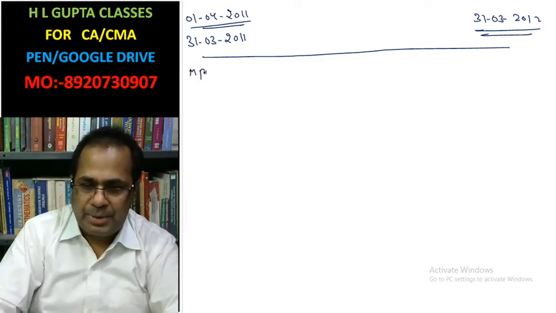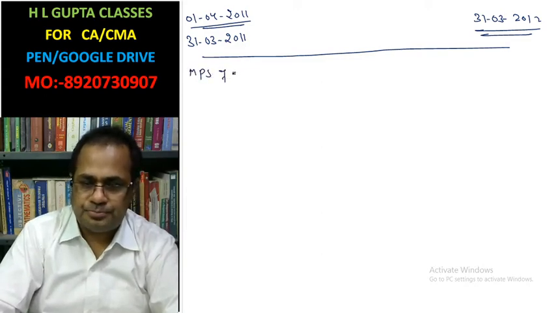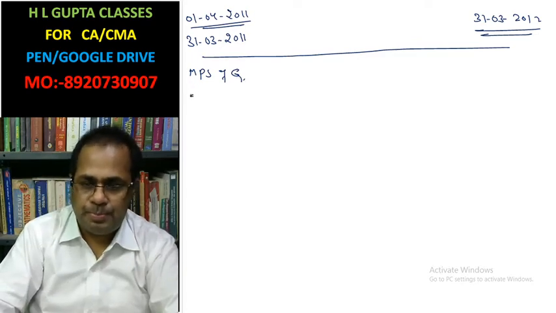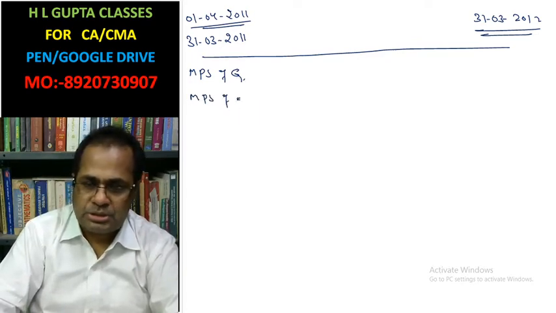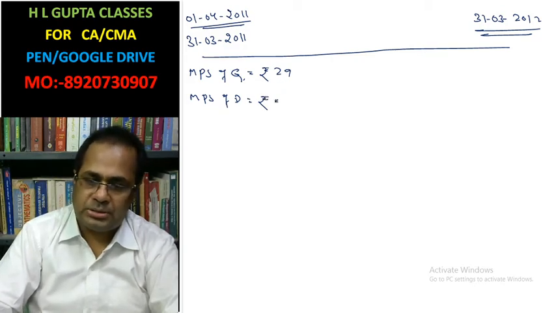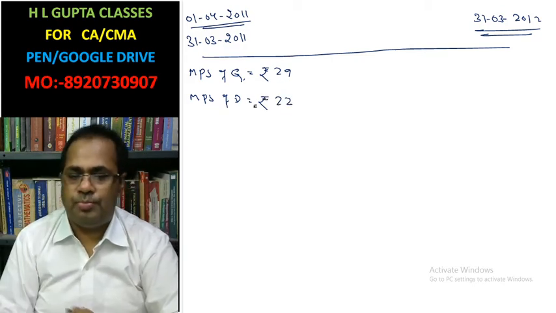The market price per share of G, market price per share of D. We have already seen this is rupees 29 and this is rupees 22.